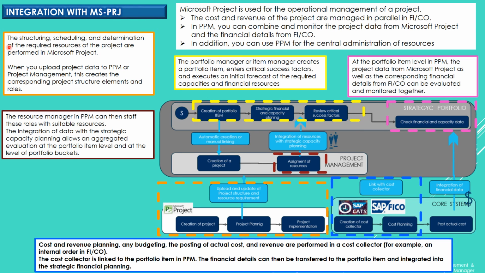Then the structuring, scheduling, and determination of the required resources of the project are performed in Microsoft Project. So as you can see here, the project is created using Microsoft Project. We do the project planning in Microsoft Project as well, and we perform the project implementation using Microsoft Project.